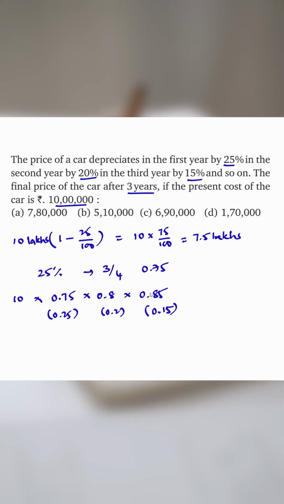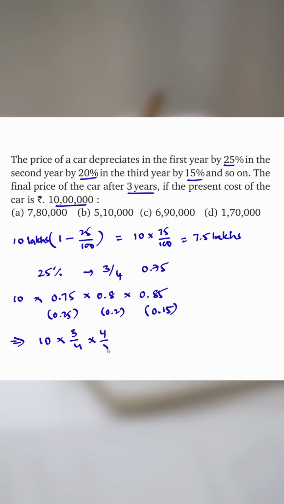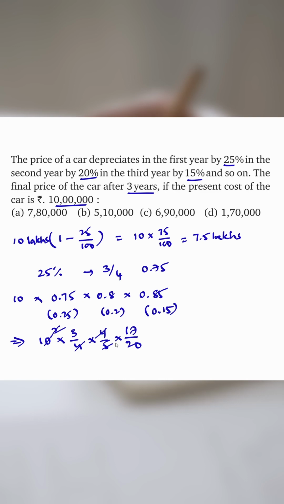We can either use the decimal forms or the equivalent fractional forms. 3 by 4, 4 by 5, this would be 17 by 20. So this is 5 times 2, 10. 3 times 17, that's 51 by 10, that's 5.1 lakhs.